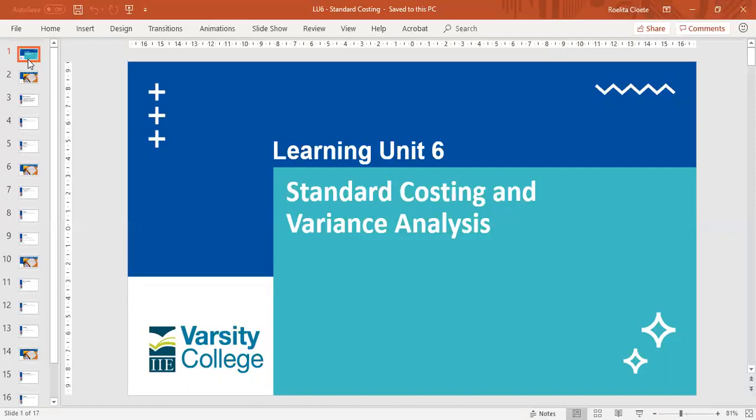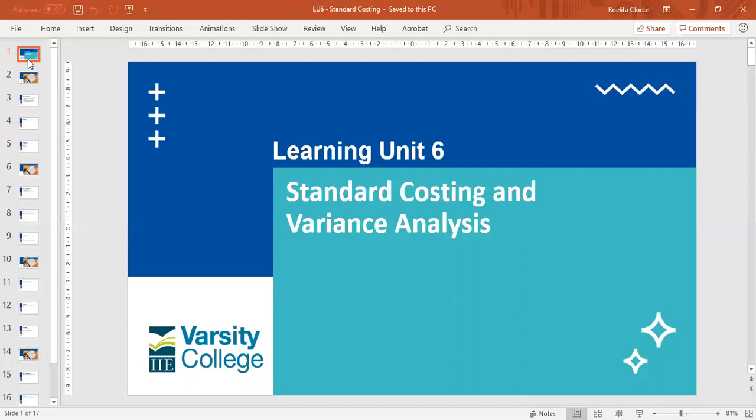So we look at various variances, and then who's responsible for that variance, what is the reason that variance arose, and then what can we do with it, and what does it mean if it's favorable or if it's adverse.